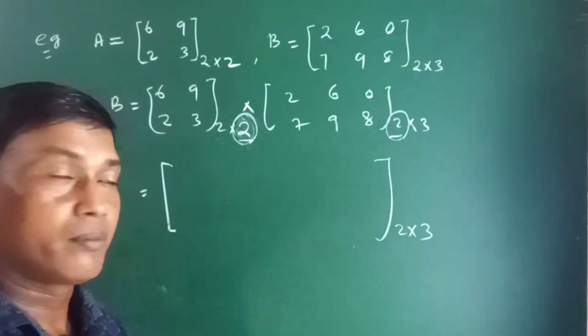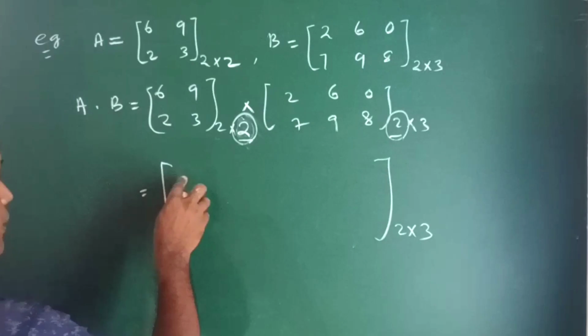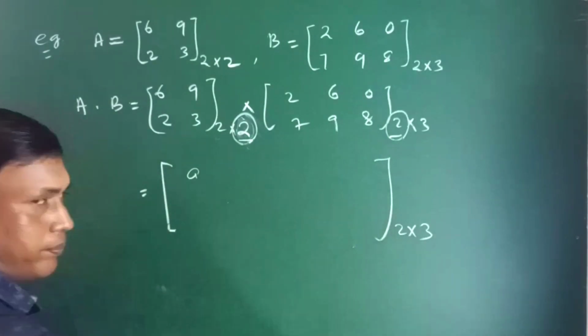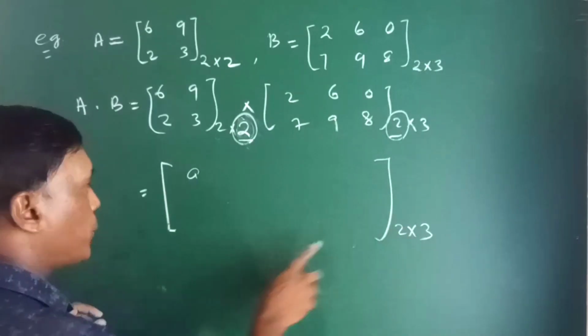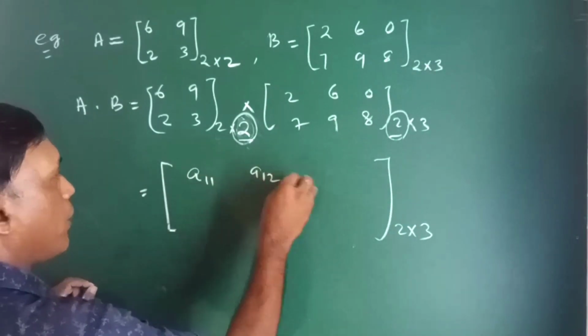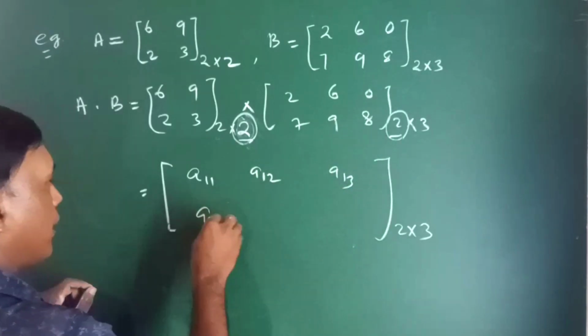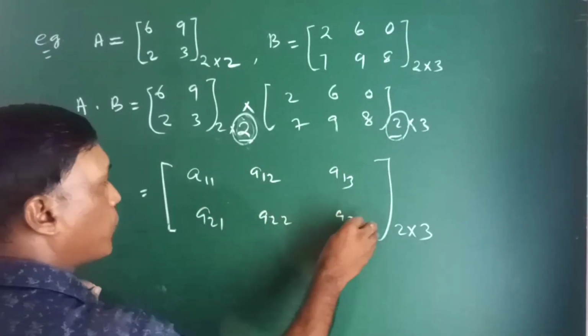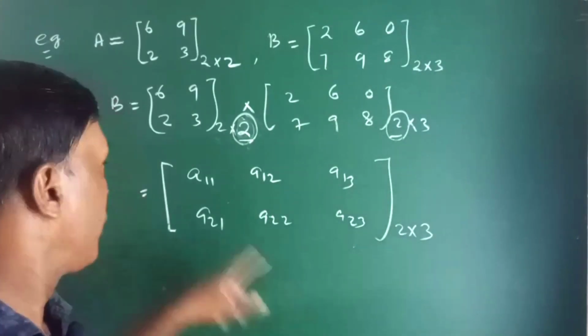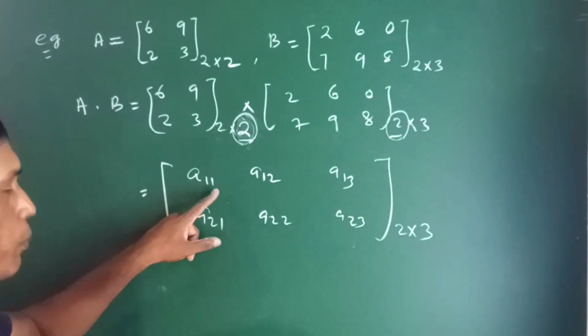How? Look at here. First, the order of the matrix is 2 cross 3 means here this matrix is A11, A12, A13, A21, A22, A23. Like this. This is a simple process to know. A11 means first row, first column.